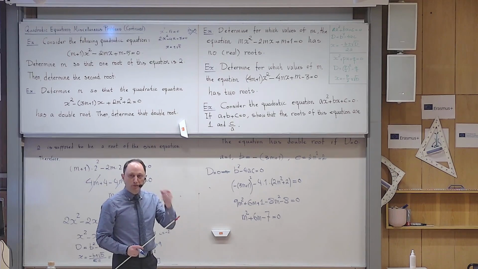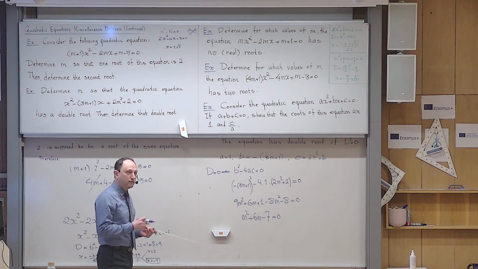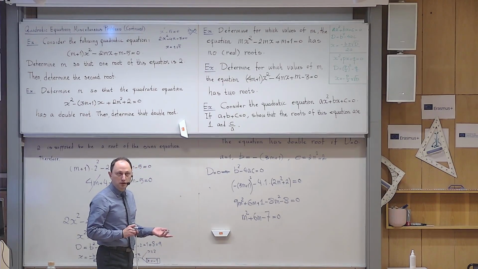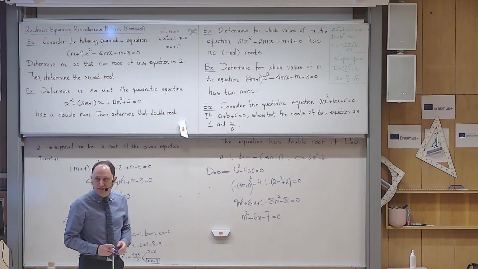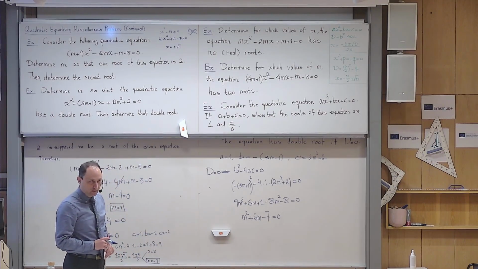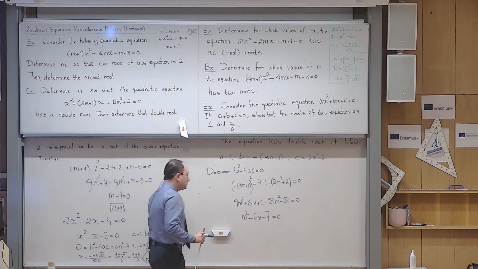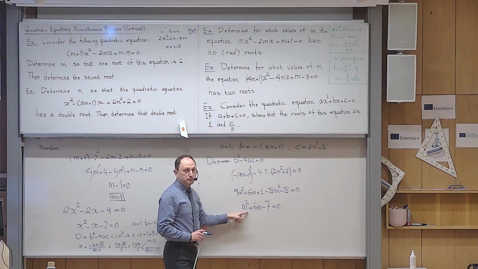I want you to remember the names. Quadratic equation. But it is a quadratic equation in which variable? M. But the method of quadratic equation is the same, no matter if the name of the variable is x or if the name of the variable is m. So now it means that I have to use the ABC formula again for this problem.